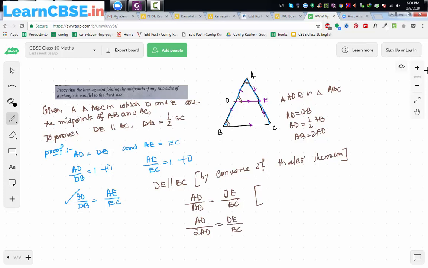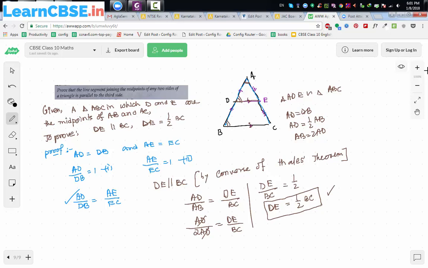AD gets cancelled, and we are getting DE by BC equals half. So DE is equal to half of BC. That's the other part of the midpoint theorem: the line joining the midpoints is parallel to the third side and half of the third side.